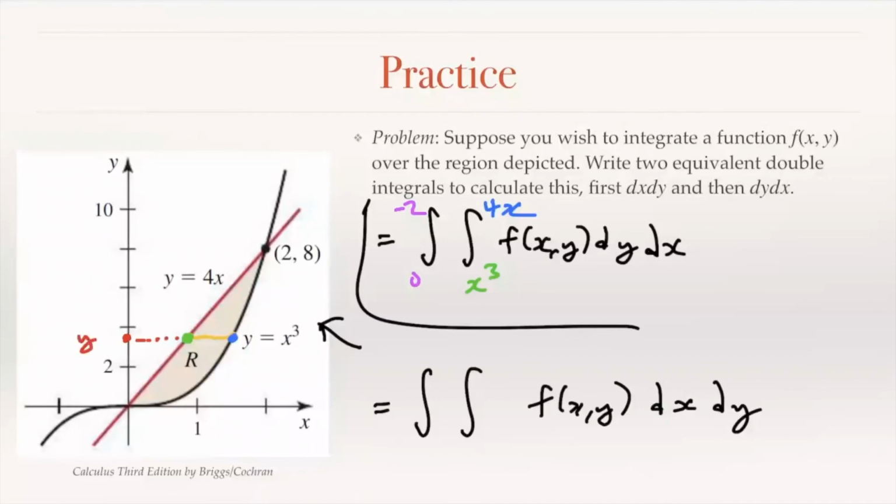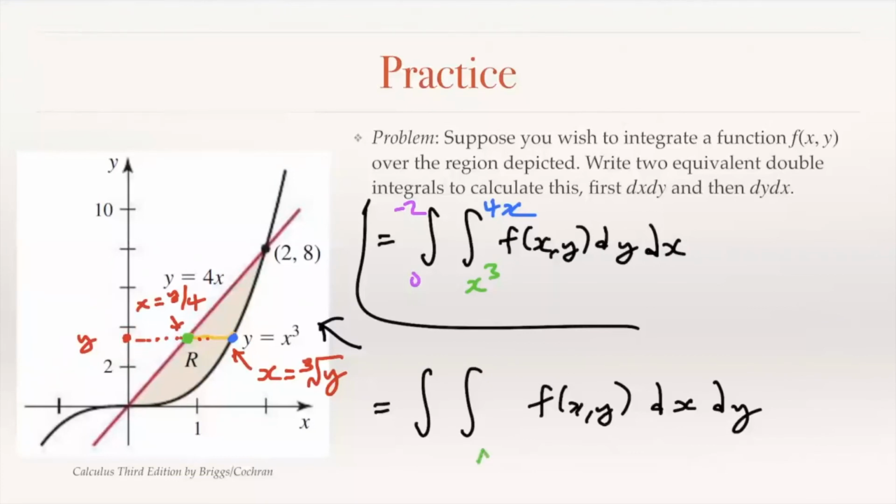So for this y value, this point here would be x equals y over 4. That's solving for x in this equation. And this point here would be x equals the cube root of y. Again, we need to get those x's in terms of a temporarily constant y.